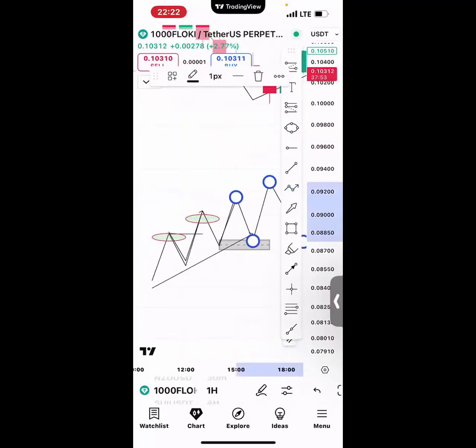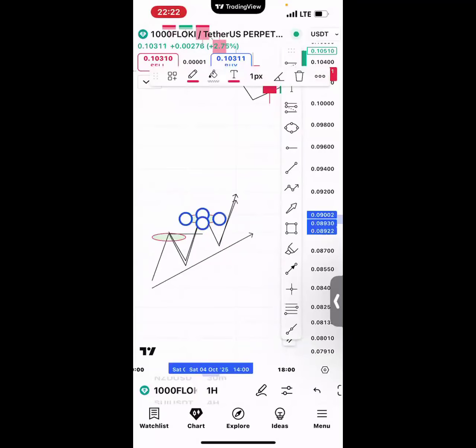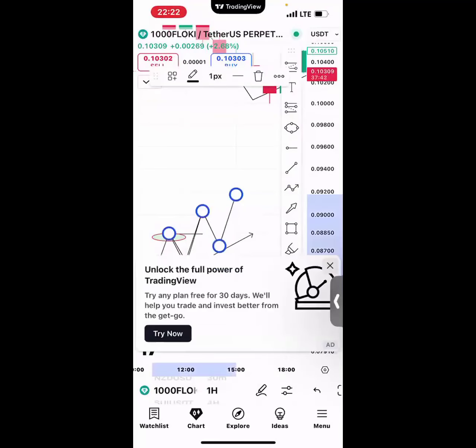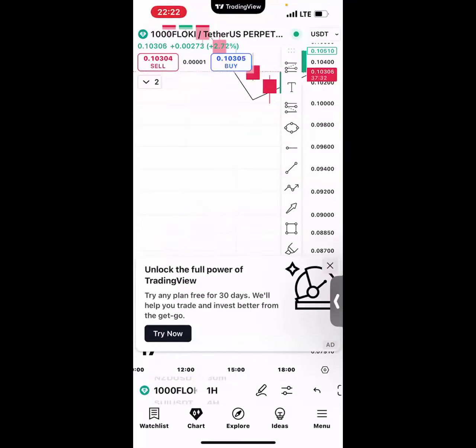So now I'll delete this. I just used this as an illustration, but you have to be able to spot it on a real chart. If not, what we are doing doesn't make any sense. If you're able to spot it on a real chart, that's the main deal.